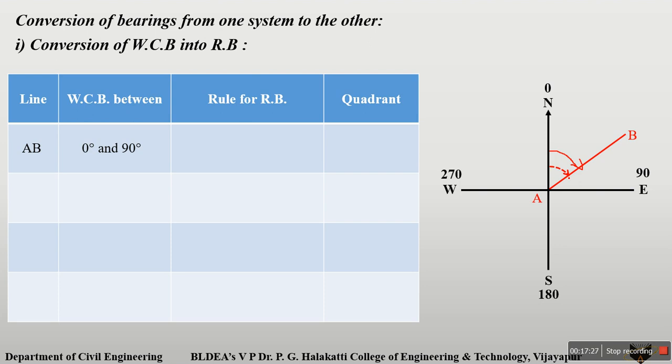So in the first quadrant the measurement of bearings in both systems is the same. So directly we can write WCB is equal to RB. Whatever the WCB value is, directly you can write it as RB. For the quadrant, that is northeast, you have to mention the directions: north, theta value, east side.